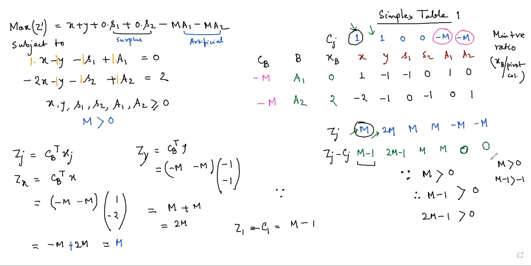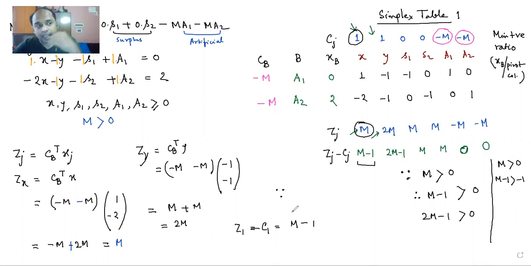I am not doing algebra over here. I am just telling you the nature of M. The nature of M is positive, so obviously from a very large quantity you are subtracting a unit amount, so it will also be positive. Twice M minus 1 is naturally positive. So this is what I'm talking about, the nature of the quantities.